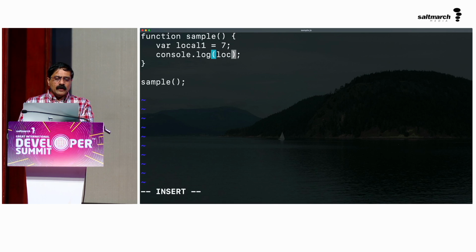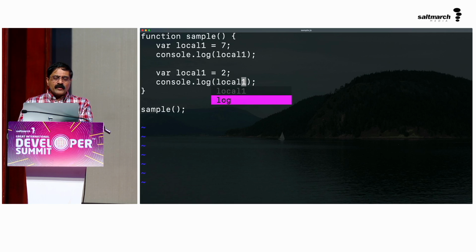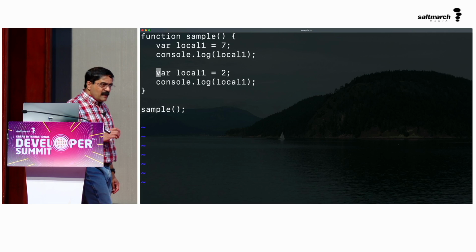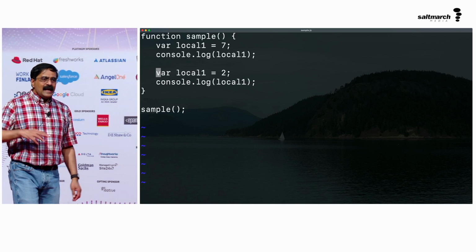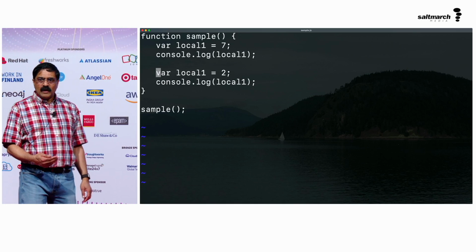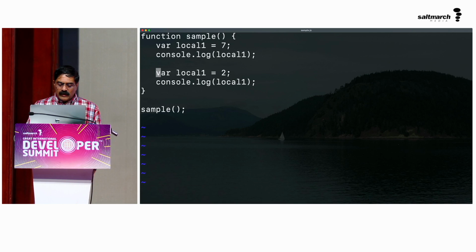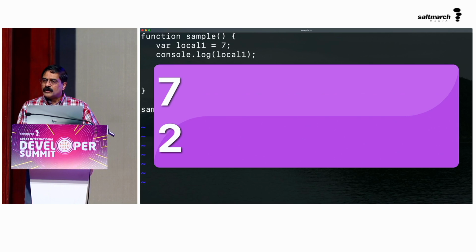I want to print local1 right there, but I say var local1 is equal to, let's say, 2, and I want to print local1. Now think about this for a minute. Why would you want to redefine a variable? It makes sense to reassign a variable, but it doesn't make any sense to redefine a variable. Yet JavaScript allowed you to do that.